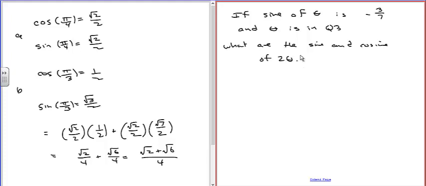So for these you have to use the double angle formulas. There's one double angle formula for the sine and 3 for the cosine.